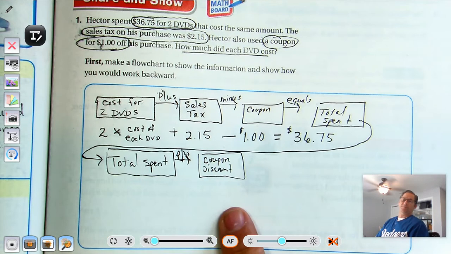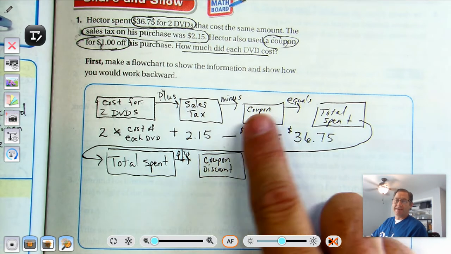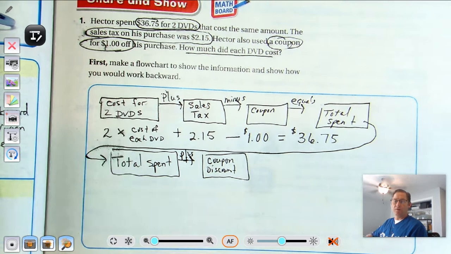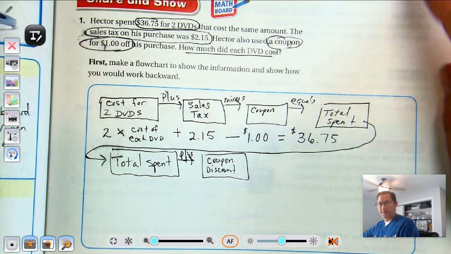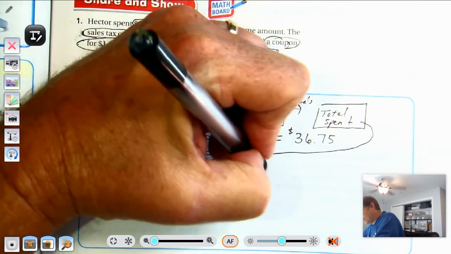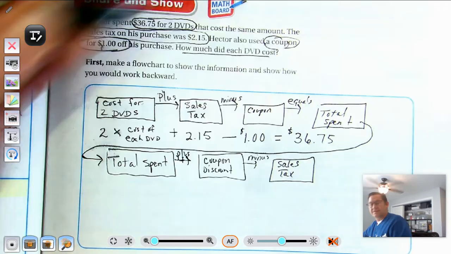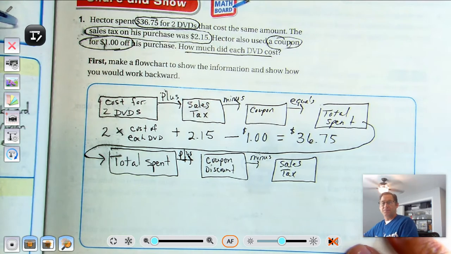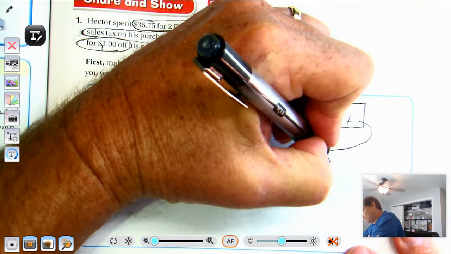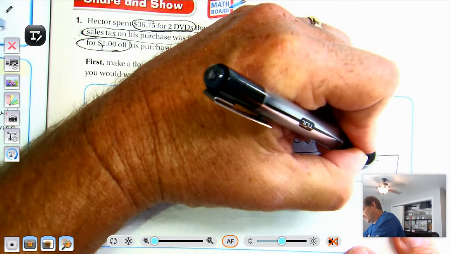Because if that was taken off of our amount, we have to add it back on to figure out what it was before we were able to apply the coupon. We're going to minus the sales tax, because sales tax is not part of the original price of something. And that's going to equal the cost of the 2 DVDs.